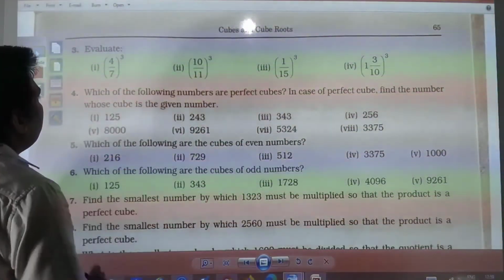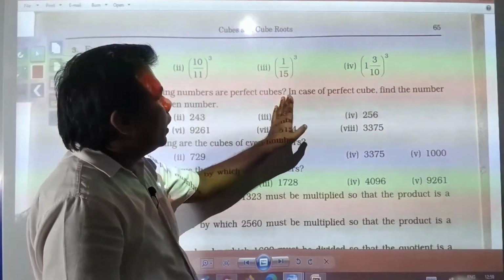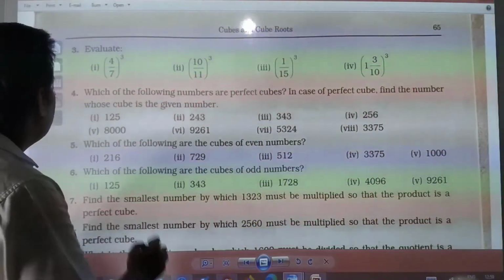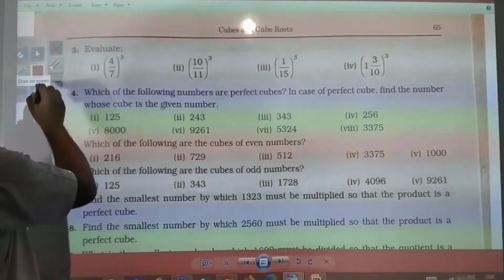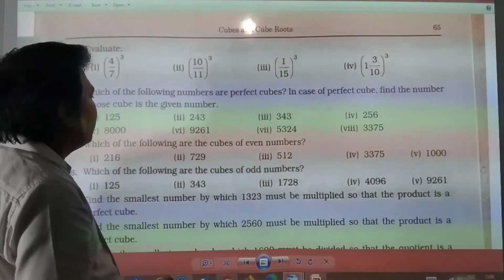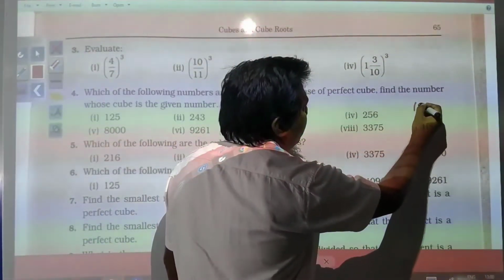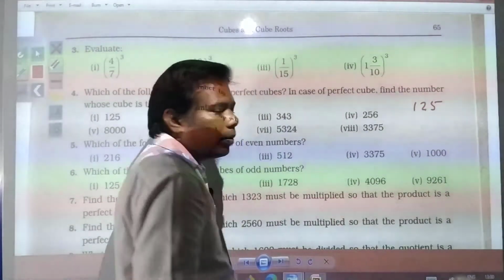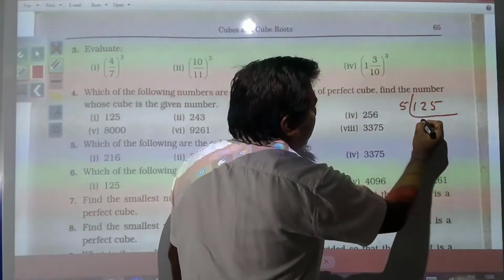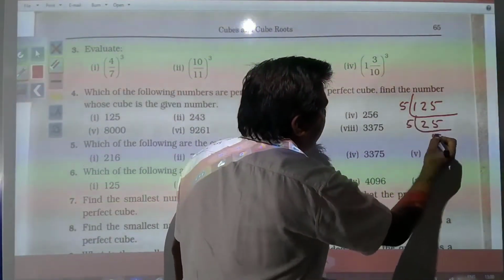Next you see, which of the following numbers are perfect cubes? In case of a perfect cube, find the number whose cube is the given number. So for knowing that, what needs to be done? If you want to know whether any number is a perfect cube or not, prime factorization is required. Suppose the first question you have is 125. So factorize this number. 5 twos are 10, 5 fives are 25, and 5 fives are 25.